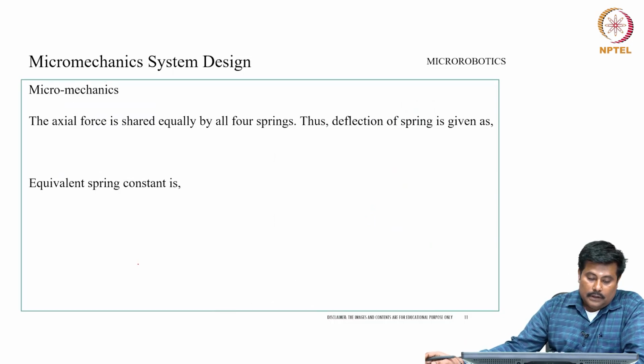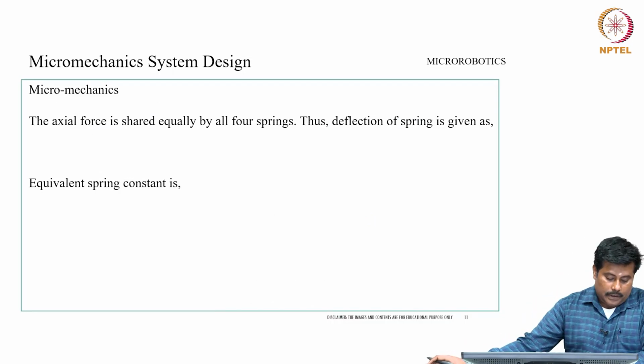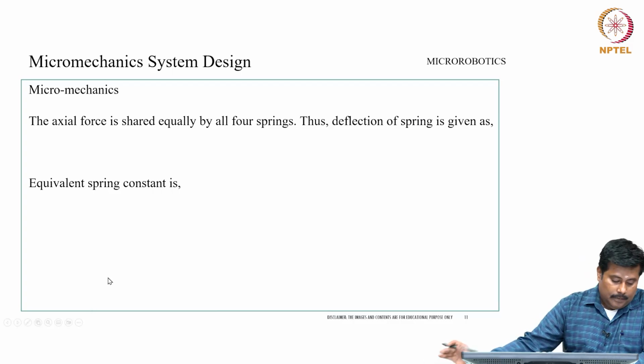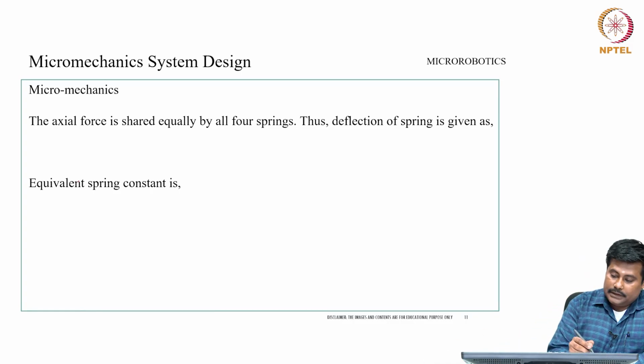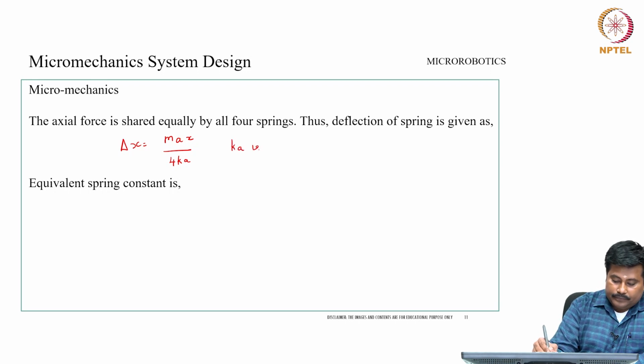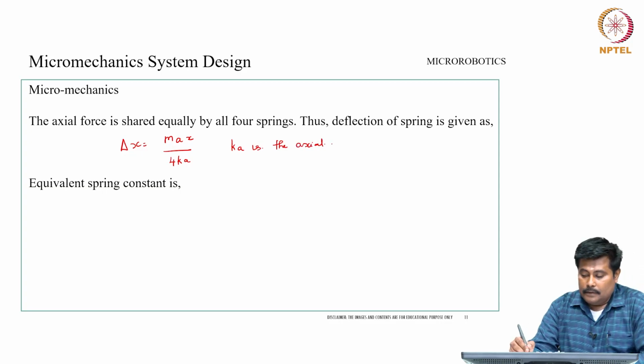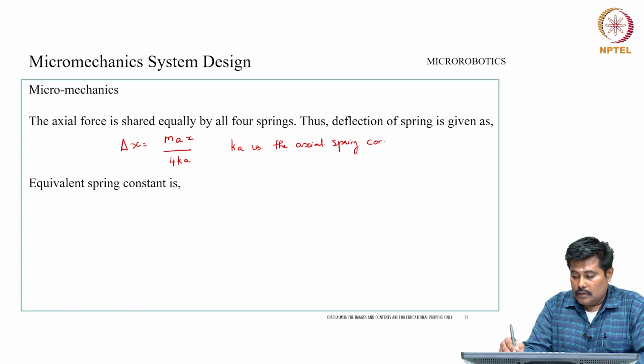Now, the micromechanics of this particular aspect is concerned. The axial force is shared equally by all springs. Thus, the deflection of the spring is given as del x equals max by 4 Ka, where Ka is the axial spring constant.